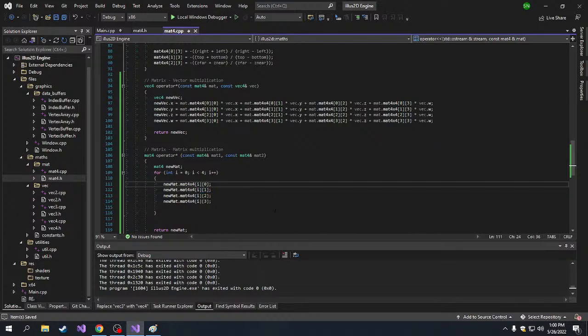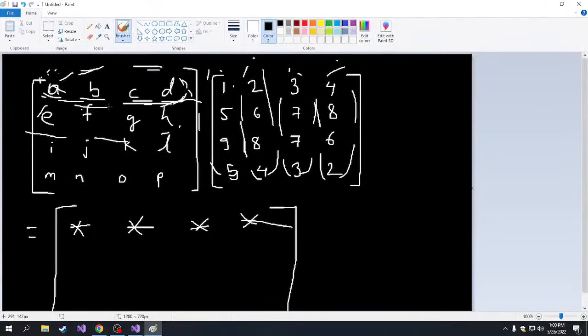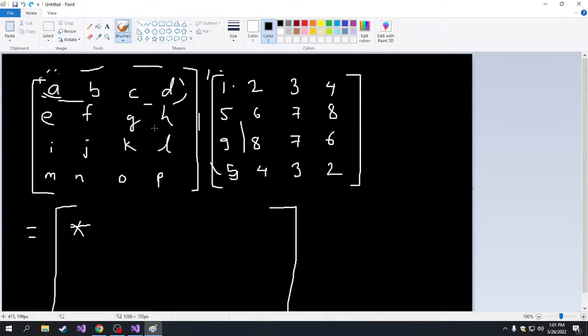Now here comes the tricky part, is how we actually deal with it. Let's just try to derive an algorithm. It's kind of really hard to talk and think at the same time, but I'll try my best. So get rid of all this. Let's multiply this with this here.